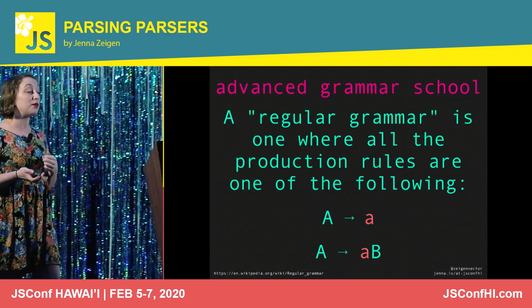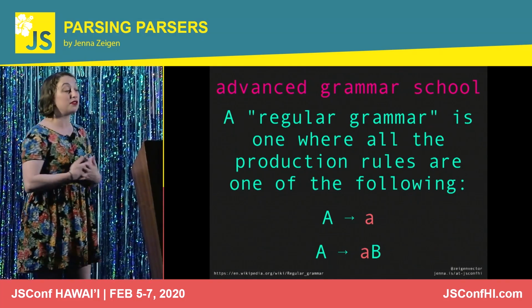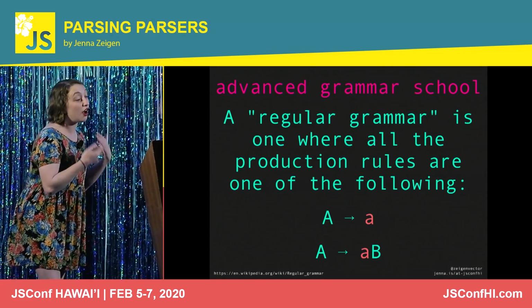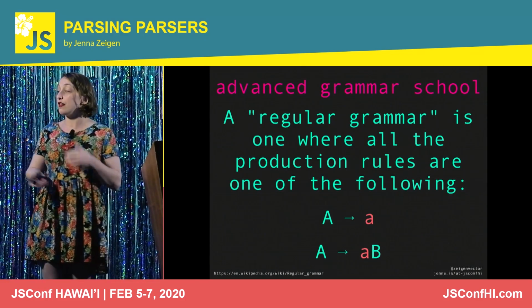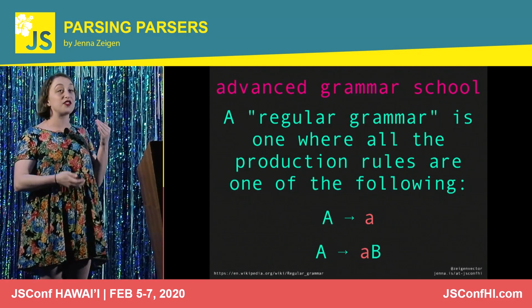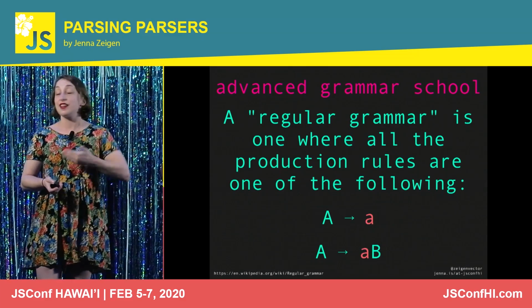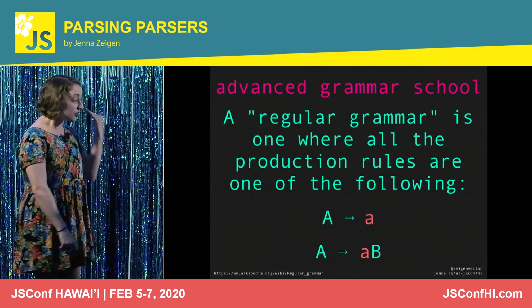That grammar was able to be described by this most simple type of language, which is called a regular language, that has a regular grammar. And all the production rules are of the following type. The thing on the left can be broken down farther. It is called a non-terminal. It's going to be a lot easier for me to use that term. And then the thing on the right cannot be broken down any further, and it is called a terminal.